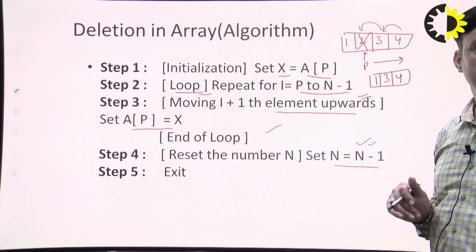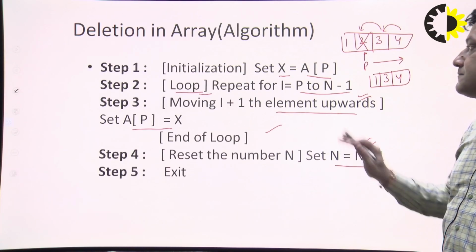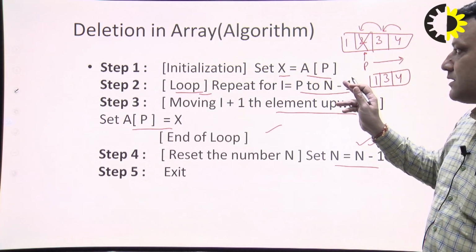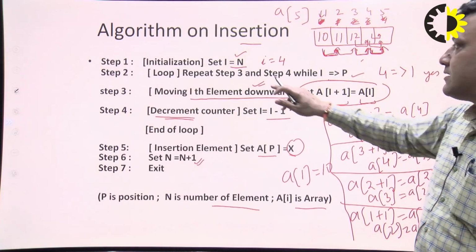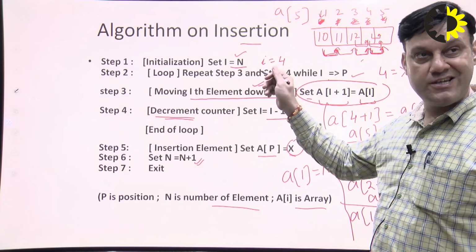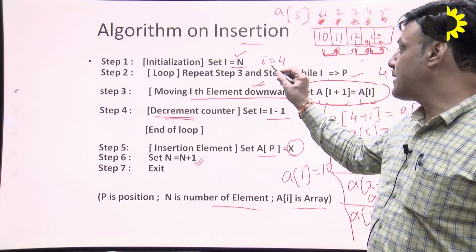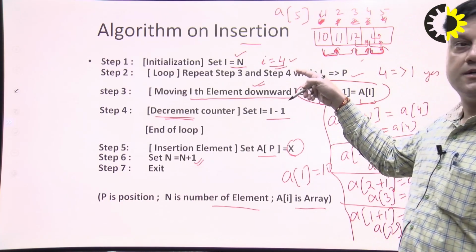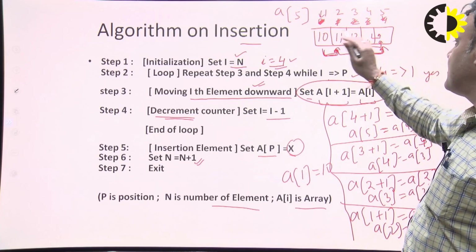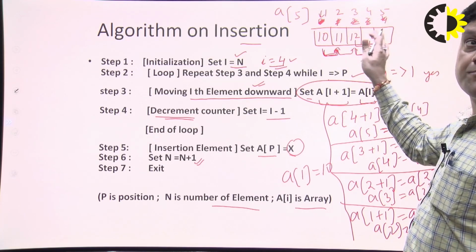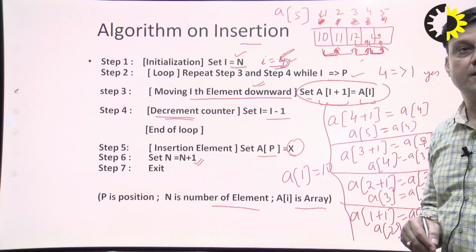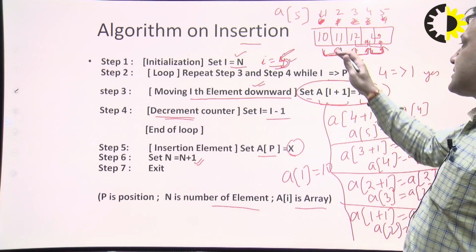Okay, students, I think now you can see the basic difference between insertion and deletion. In insertion, we will firstly see what the size of the array will be. For example, i is equal to 4; here are 4 elements. Sorry, I have taken the example of 5 here, so i is equal to 5. With the help of this 5, we can set the counter.